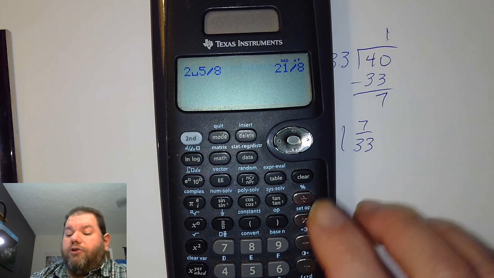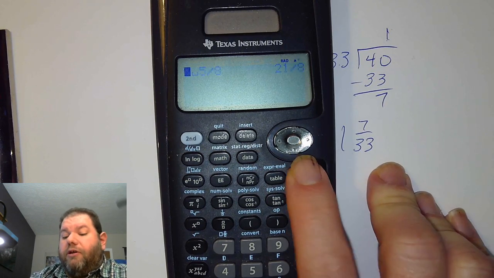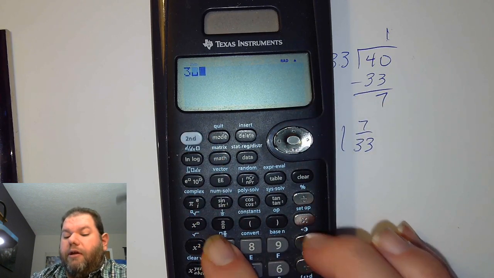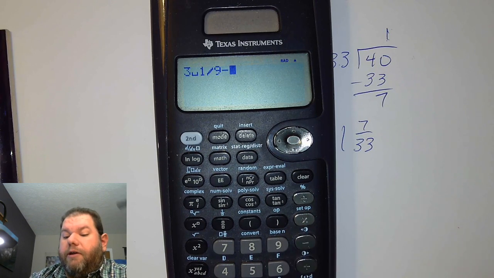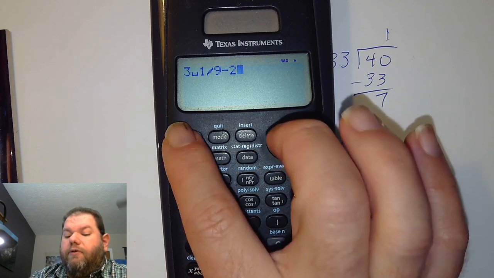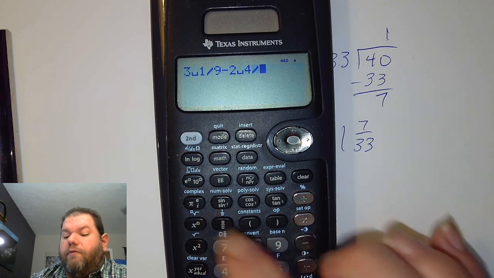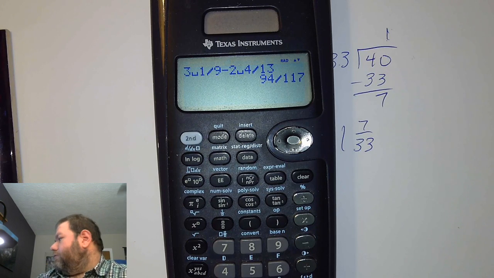Or I could actually do an addition or a subtraction. So if we said 3 and 1 over 9 minus 2 and 4 over 13, it'll give us the result still.